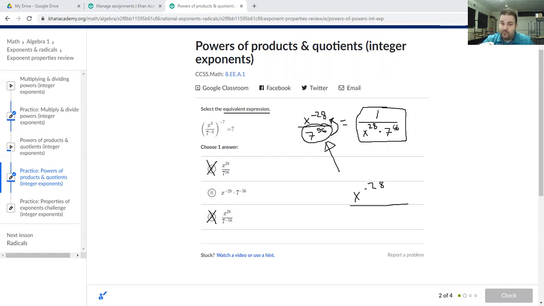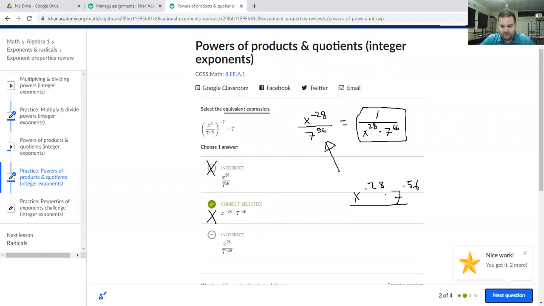And whenever you move it from the numerator to the denominator or the denominator to the numerator, you have to change its power, usually from negative to positive. In this case, from positive to negative. So it turns into times 7 to the negative 56. So in this case, B would be the correct answer.